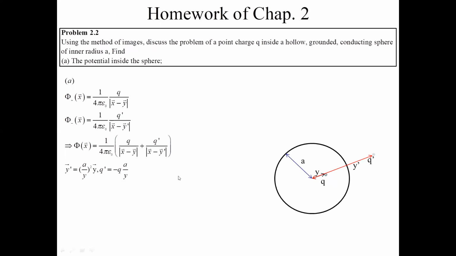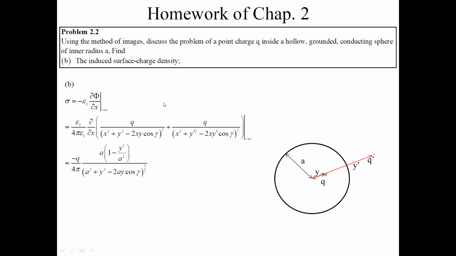So by fitting the boundary condition, you can easily get y prime. y prime is equal to this term, and q prime is equal to this term. Okay, you can check by yourself. Just apply the boundary condition as you do in 2.2 in the lecture note.